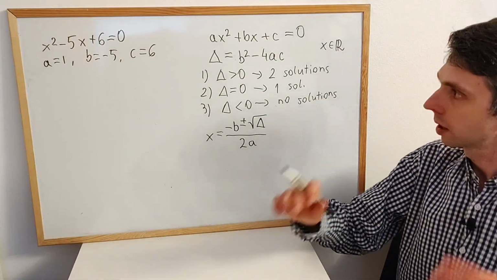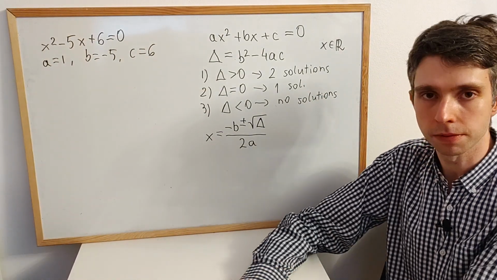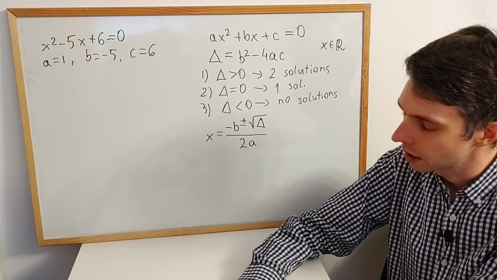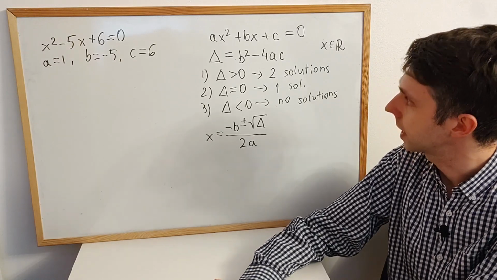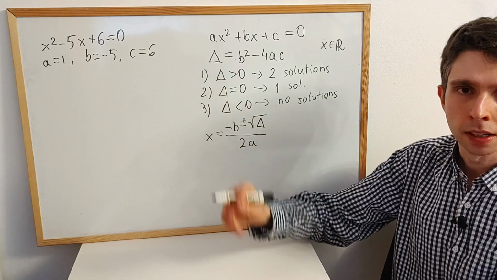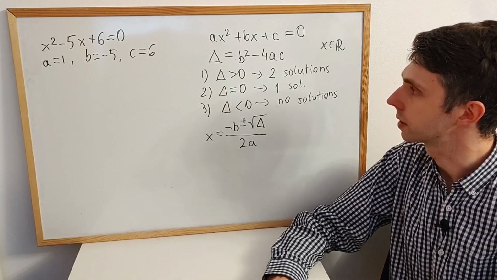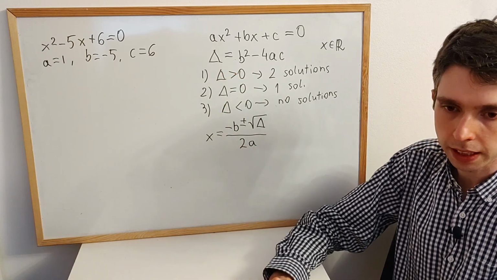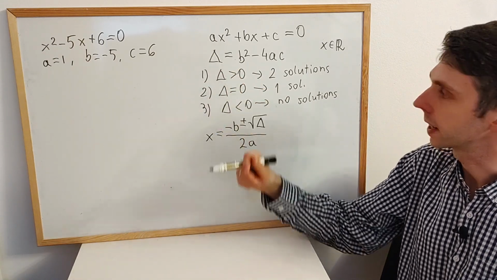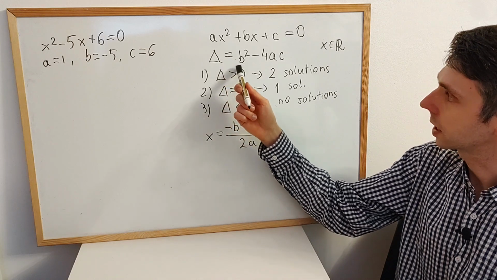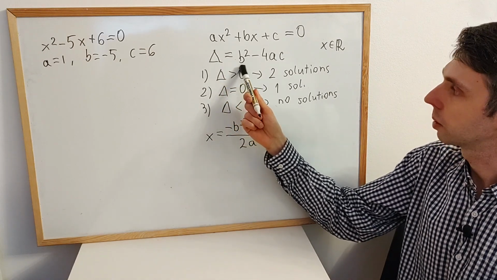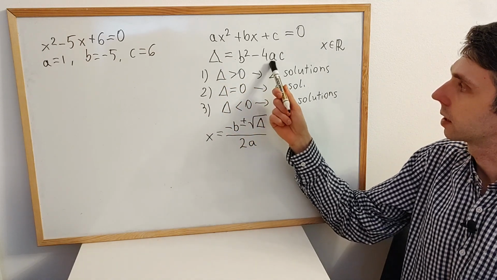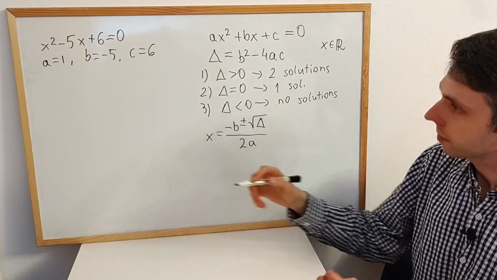Okay? So the basic method of solving quadratic equations starts with calculating delta, or the discriminant of the quadratic equation. Delta is the Greek letter which looks like a triangle. Delta is calculated by b squared minus 4 times a times c.